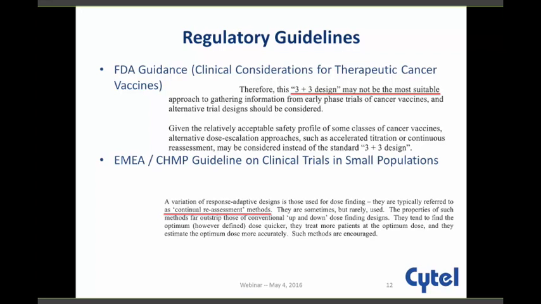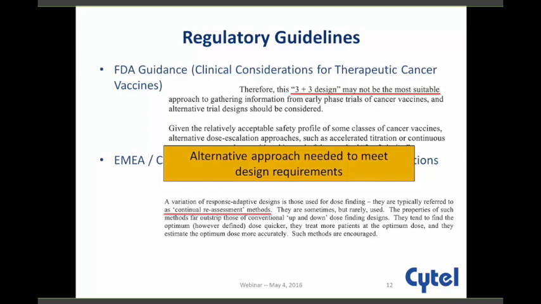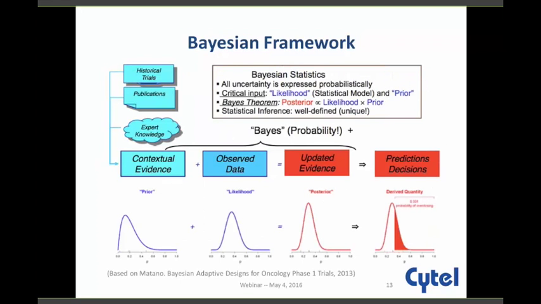So the continual reassessment methods, or the class of these methods which the Bayesian logistic regression model is part of, utilize the so-called Bayesian framework and Bayesian methodology. The idea behind this is that you try to synthesize initially any external information that you may have available to you a priori.